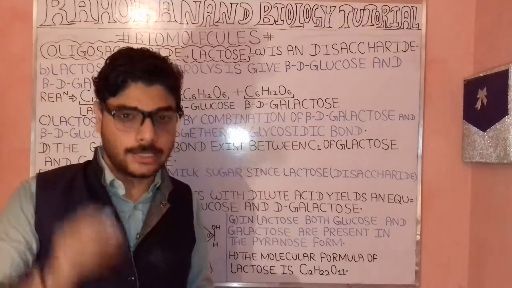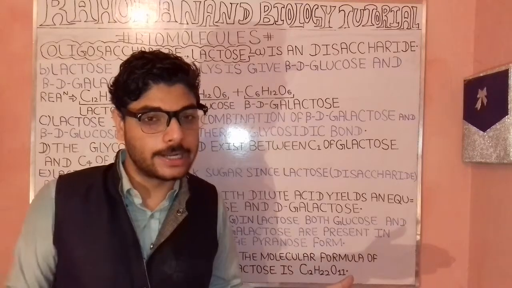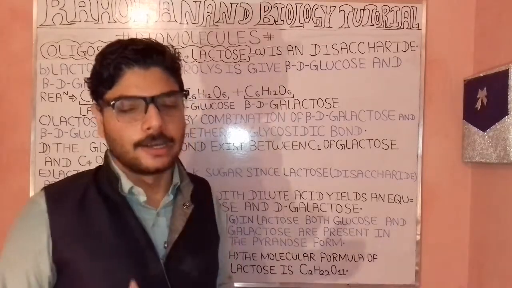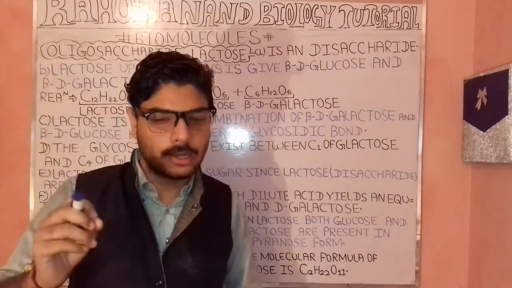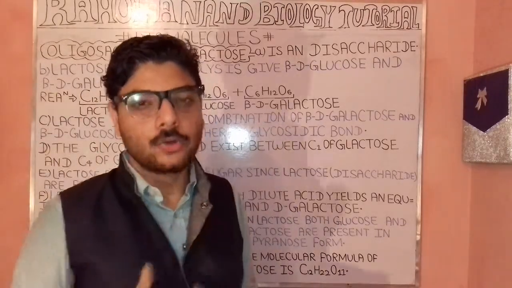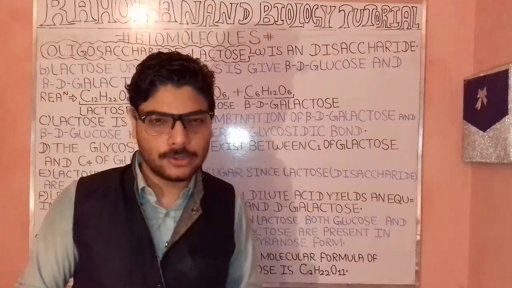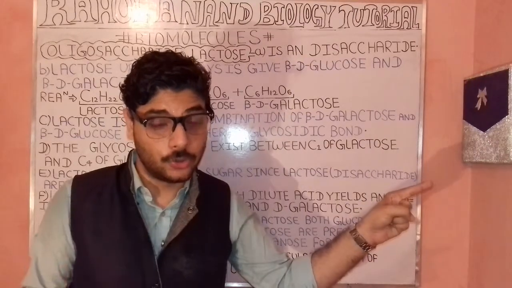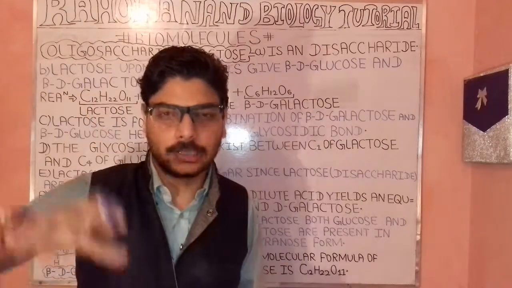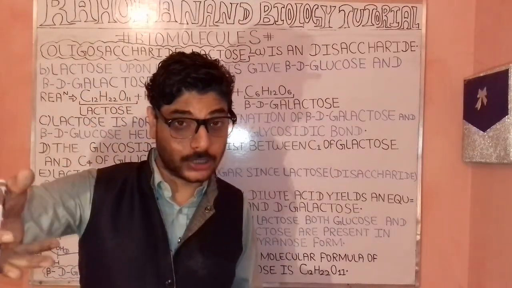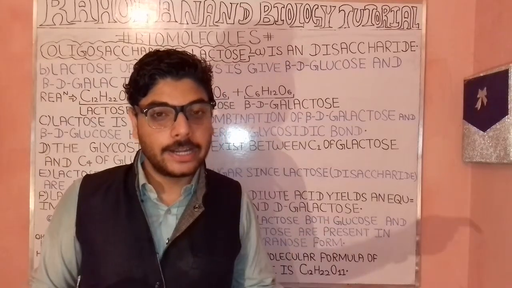So this is the condition when we are talking about lactose, where we have understood a bit of the introduction, that it is a disaccharide. We have dealt with the composition, that lactose is formed by the hydrolysis of beta-D-galactose and beta-D-glucose. On the reactant side we have C12H22O11, which is nothing else but lactose.